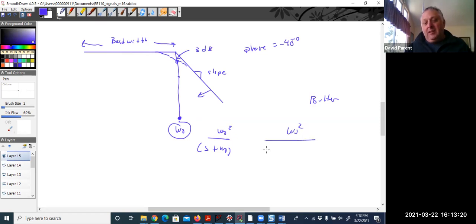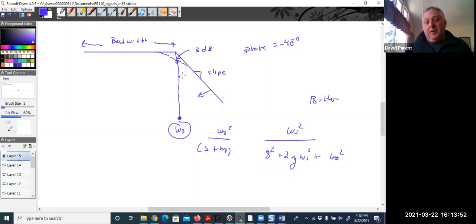And a second order, omega naught is no longer the break frequency, because it could be over, under, or critically damped. Omega naught in this second order system is just where the phase is minus 90.